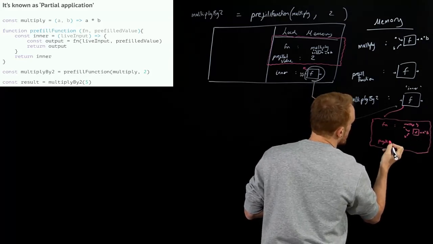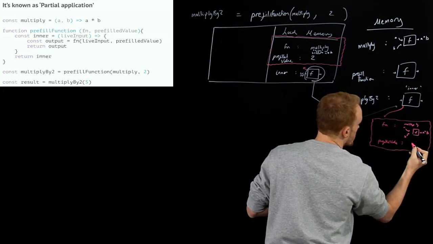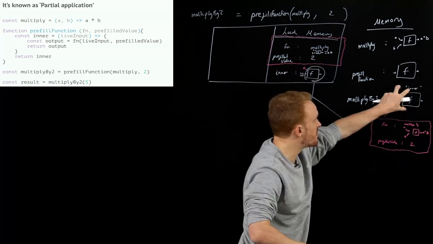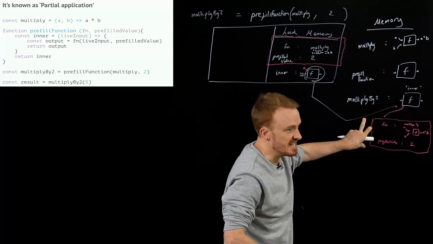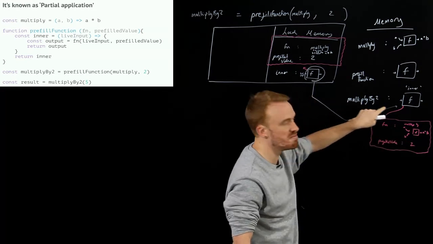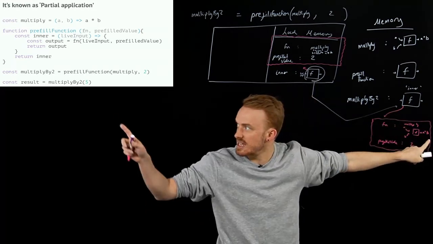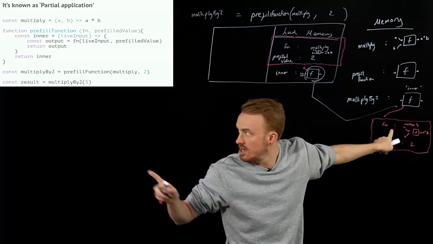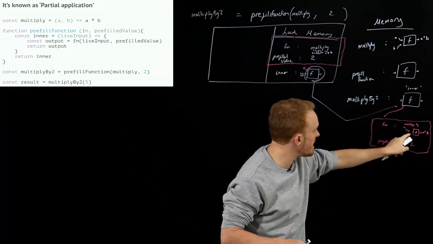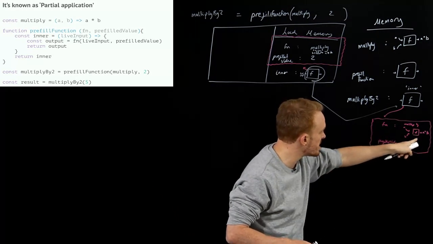Pre-filled value. Which is what? 2. This combo here of function code and backpack is everything we need. We've got the functionality. When we run multiply by 2, really inner, I have a feeling it's going to run fn on, well, whatever we pass into inner and pre-filled value. And then it's going to be whatever we pass in by 2.